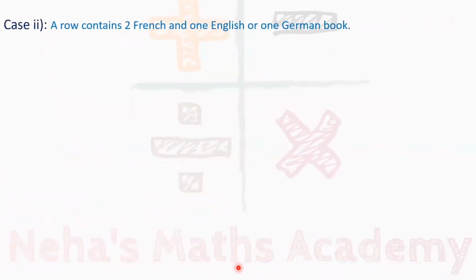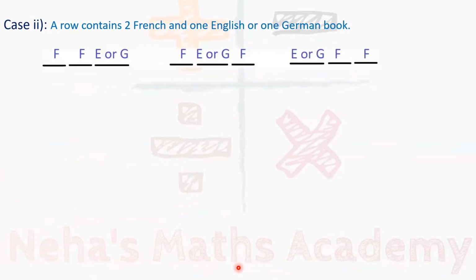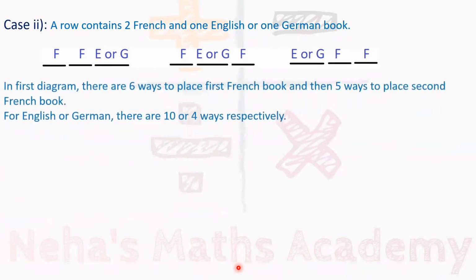Now case 2. A row contains 2 French and 1 English or 1 German book. So as we have done in case 1, in the same way, we have to find possibilities here also. In the first diagram, there are 6 ways to place the first French book and then 5 ways to place the second French book. For English or German, there are 10 or 4 ways respectively.